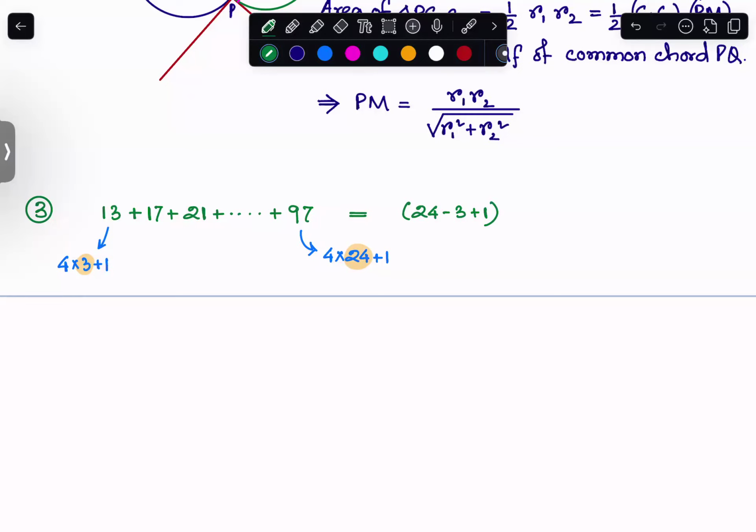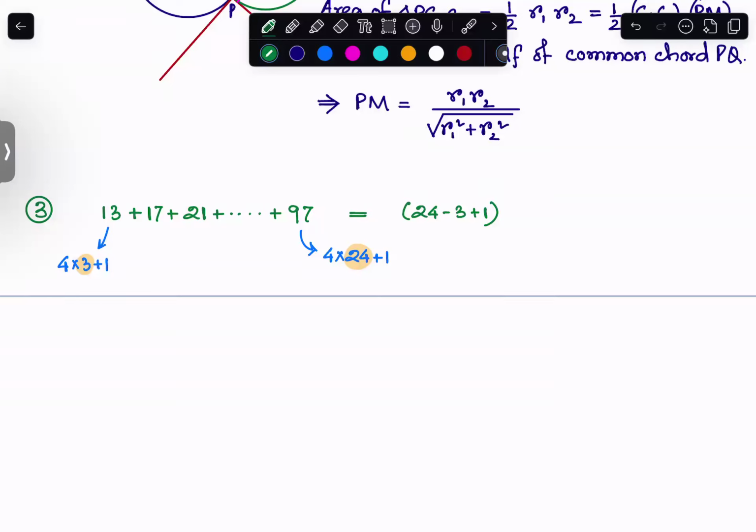Okay. And why is it 24 minus 3 plus 1? Sir, because we are including the 4 into 3 plus 1 also. Yes. Prior to the third multiple, we had only two multiples, so basically 2 should be subtracted from 24.